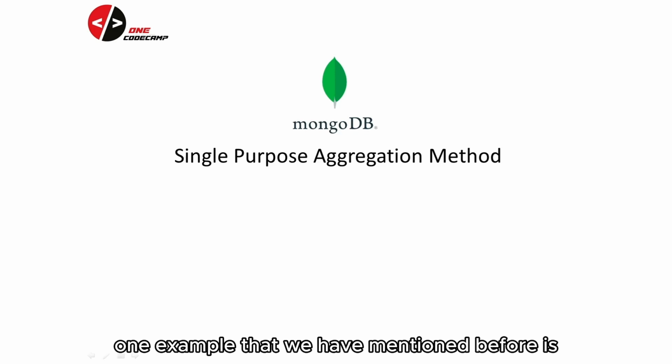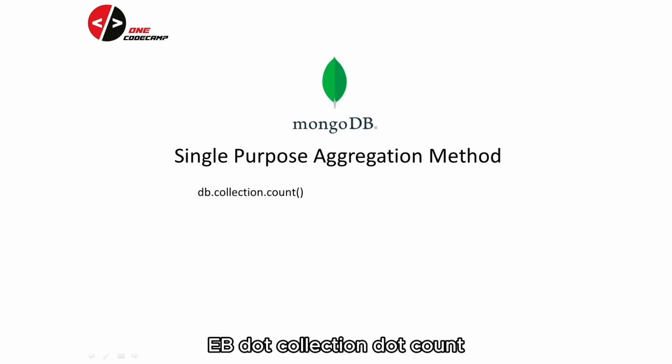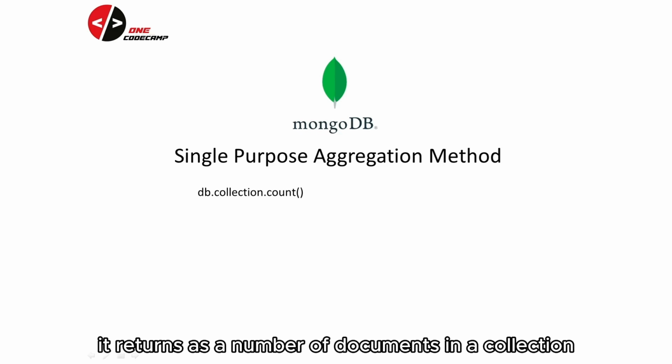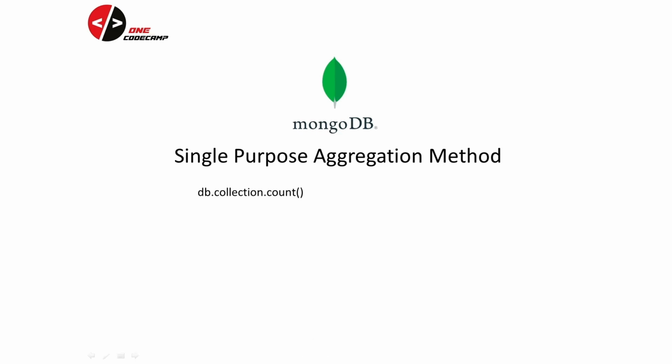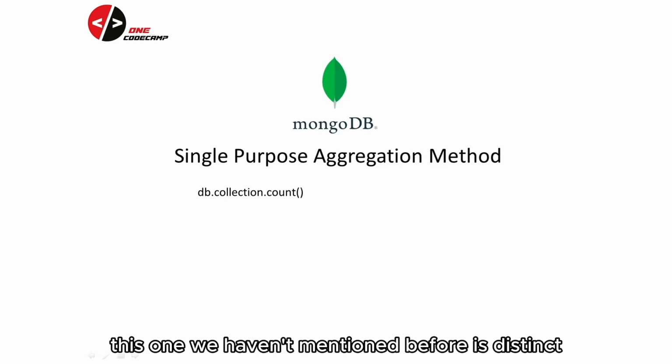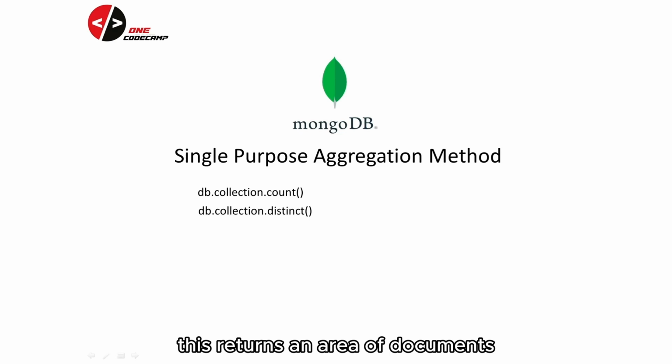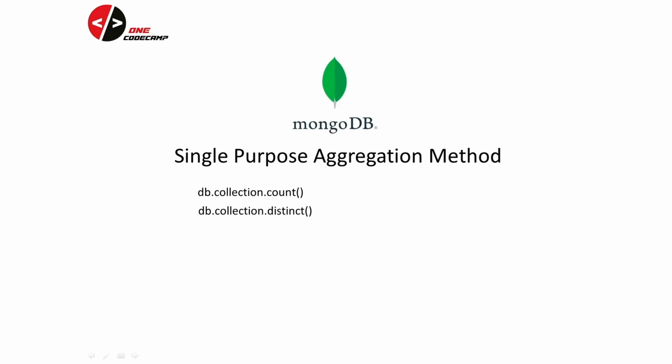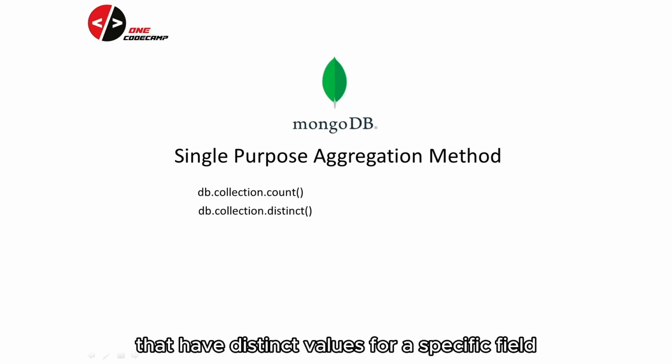One example that we have mentioned before is db.collection.count. And as a review, it returns us the number of documents in a collection. Another one, this one we haven't mentioned before, is distinct. This returns an array of documents that have distinct values for a specific field.